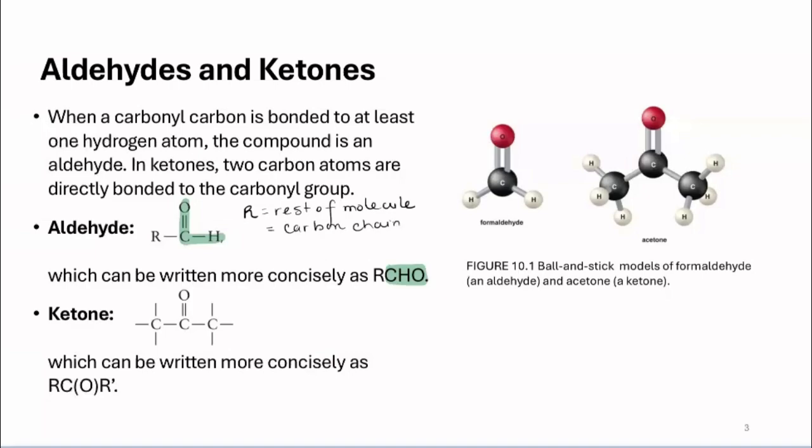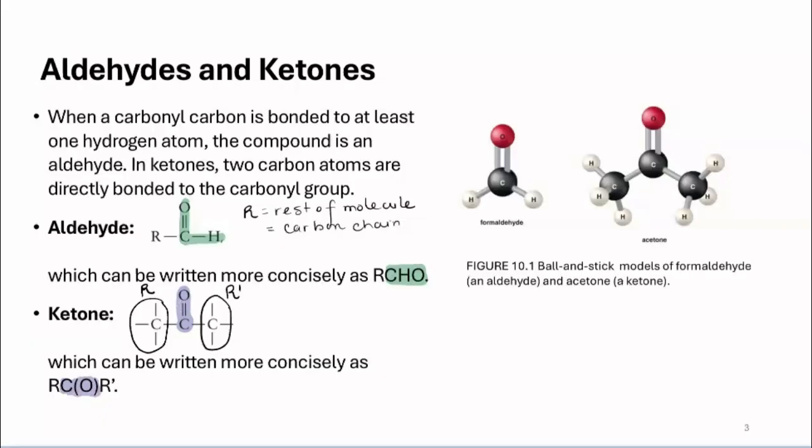When we write the condensed structure for a ketone, this area of the molecule is going to be the first R group. This other area of the molecule can be the same or a different R group, and we just symbolize it with R prime. And lastly, the C double bond O of the carbonyl is written as CO, and that's the condensed form for a ketone.